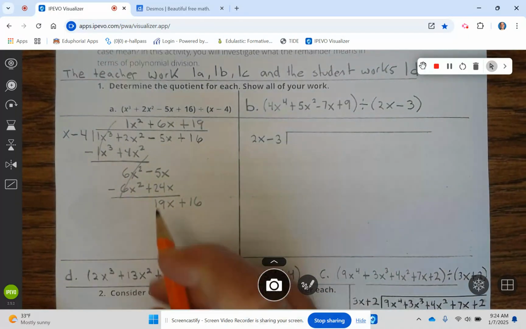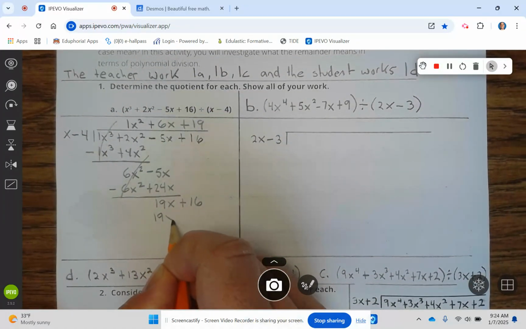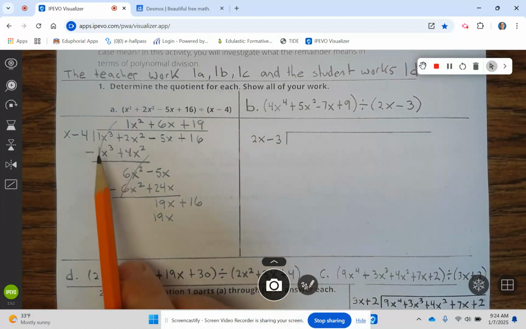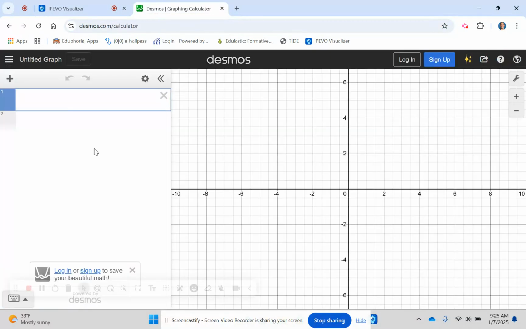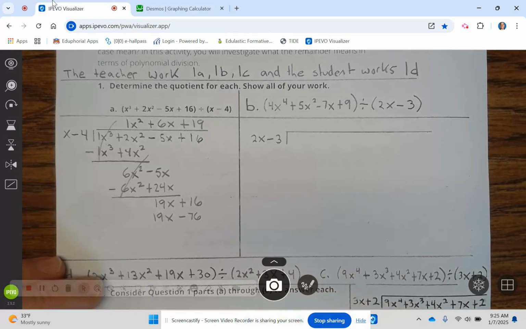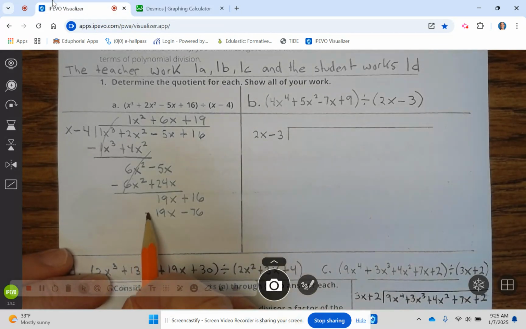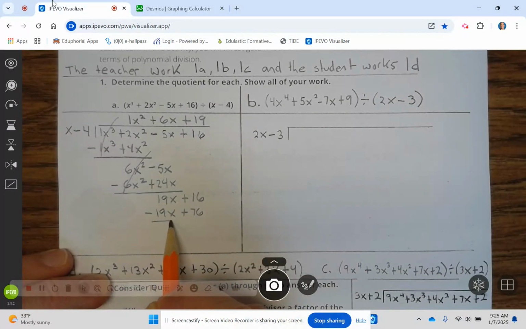Now we multiply. 19 times x is 19x. And then 19 times negative 4, I don't know, so let's just go to Desmos. 19 times negative 4 is negative 76. Okay, you subtract. When you subtract the negative, it becomes positive.